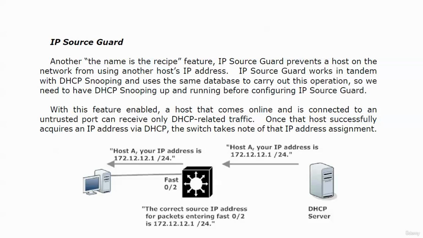Well, our multi-layer switch is going to pass that right along to that particular host, which in the illustrations is off of FastEthernet 0/2. But at the same time, the multi-layer switch makes a little note to itself and says, okay, the correct source IP address for packets coming in on 0/2 is 172.12.12.1.